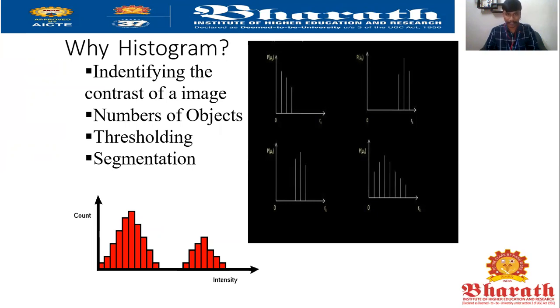Once the output image is generated, we can't directly diagnose or plot the exact location of the defect of that patient. For diagnosing the exact defect, we use this histogram.